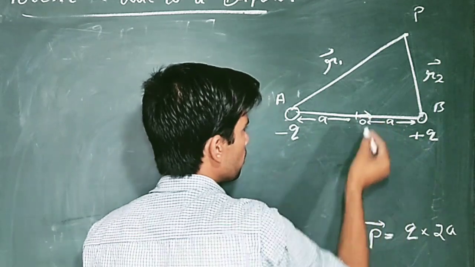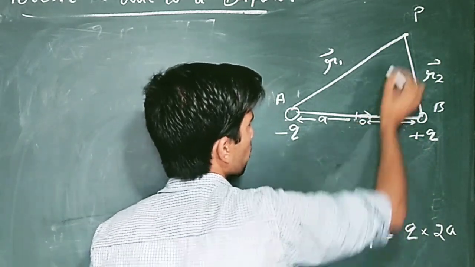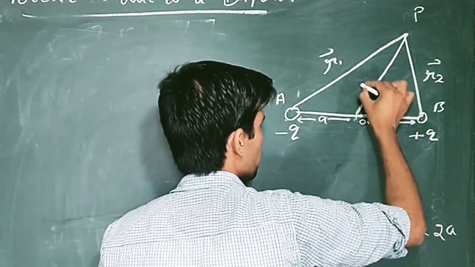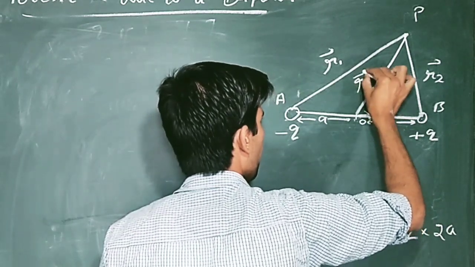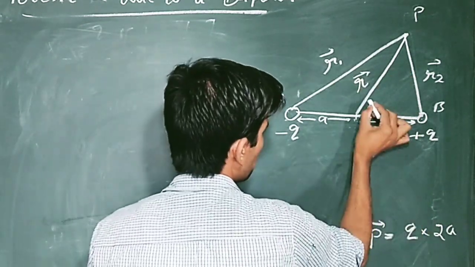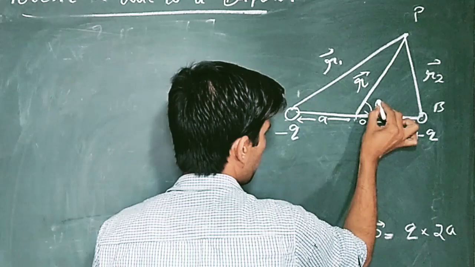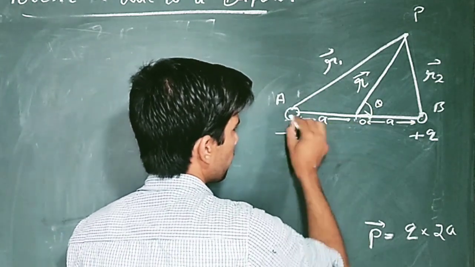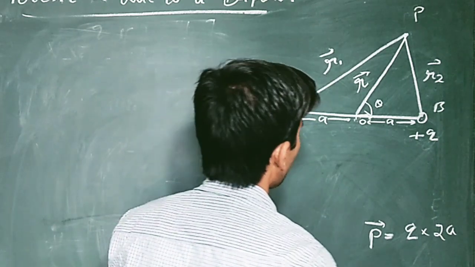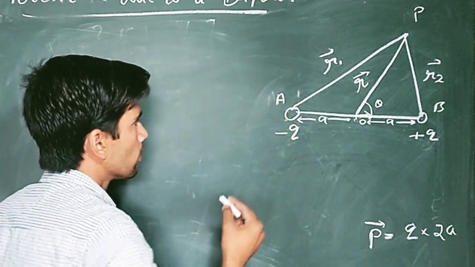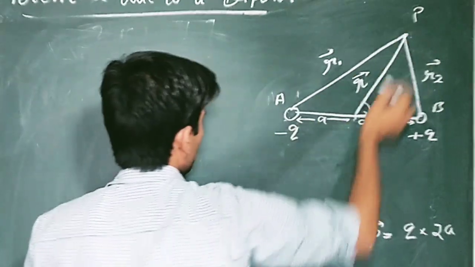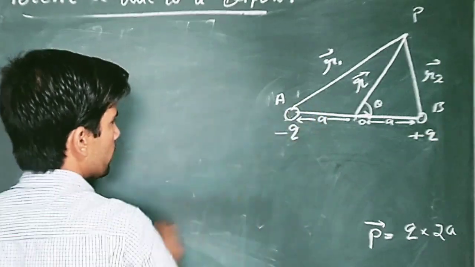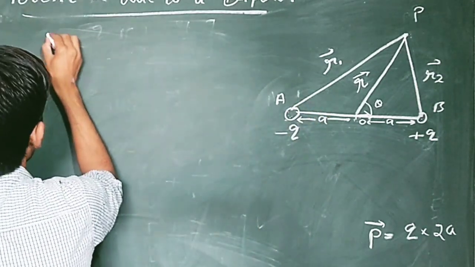We take another position vector from the center of this dipole to P, which is r vector. And this position vector makes an angle theta with the axis of the dipole.